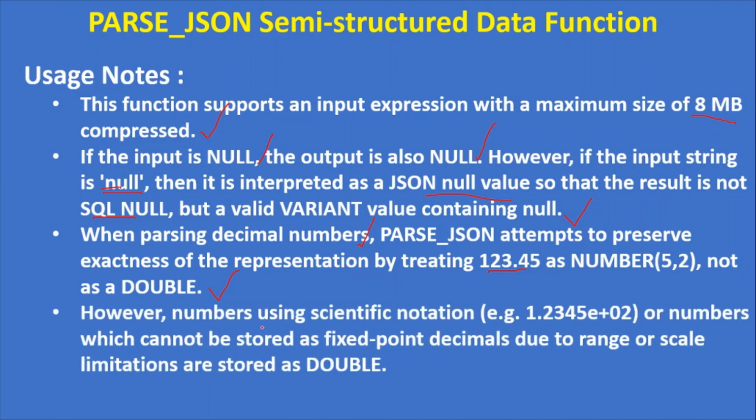However, numbers using scientific notation, very big numbers, are numbers which cannot be stored as fixed-point decimals. Due to range or scale limitations, they are stored as a double. So if any input string contains scientific notation or range or scale limitations, those are stored as a double.